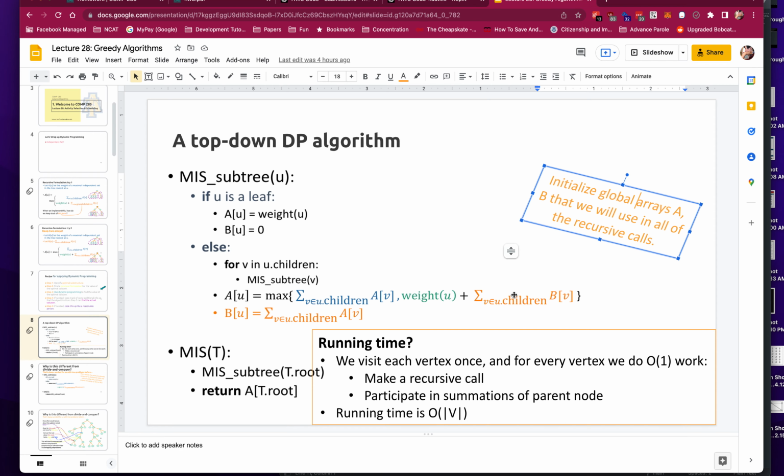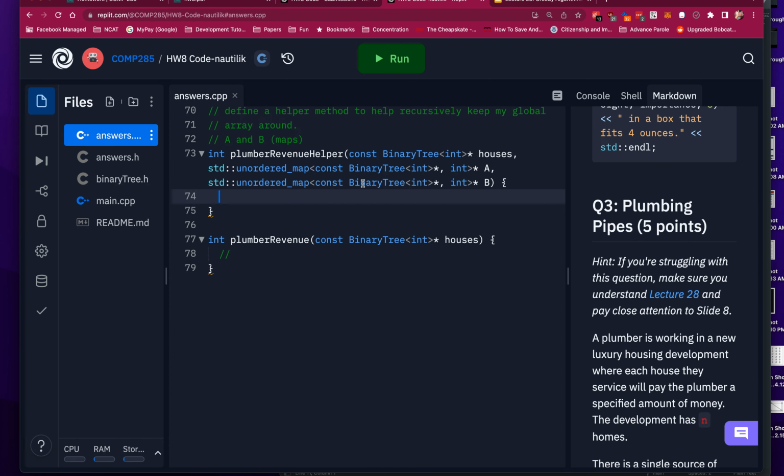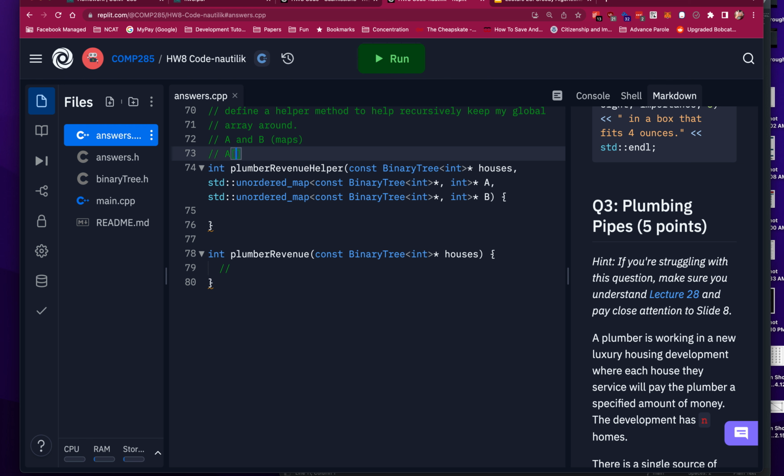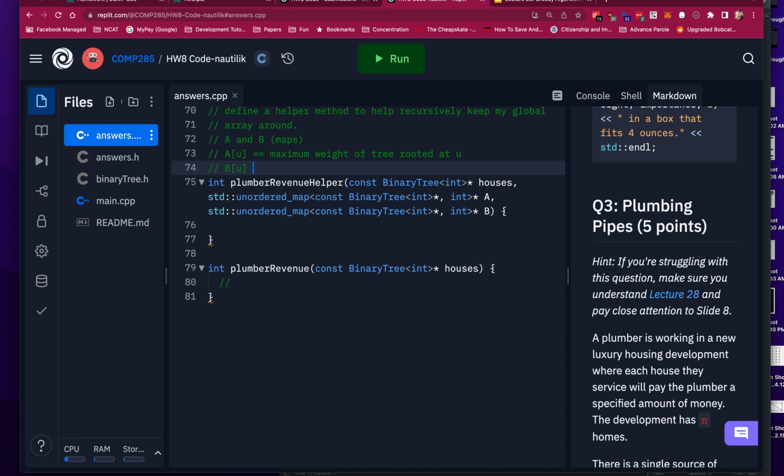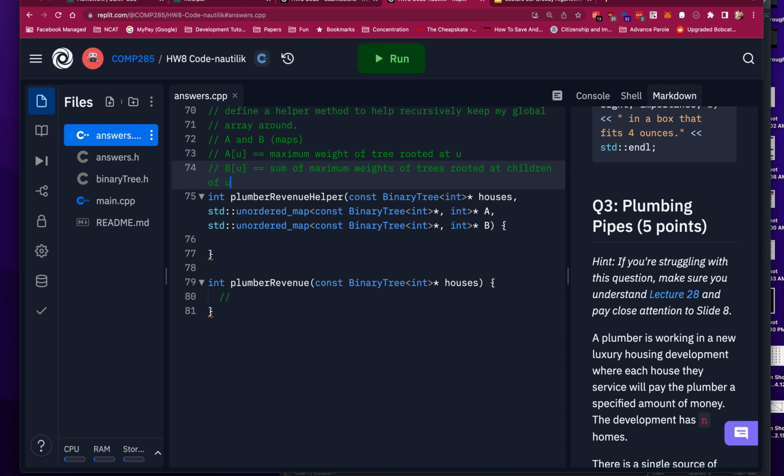So one of them keeps the sum of the children weights, and the other one keeps the maximum revenue that I can get from a tree rooted at U. So A of U is the maximum weight of a tree rooted at U, and B of U is the sum of the maximum weights of trees rooted at children of U.